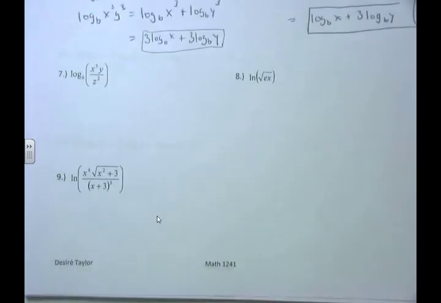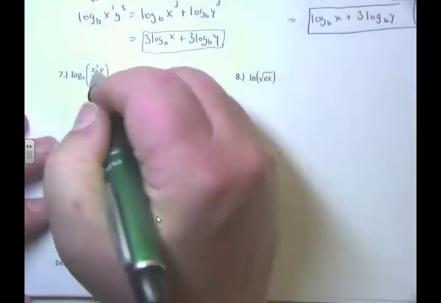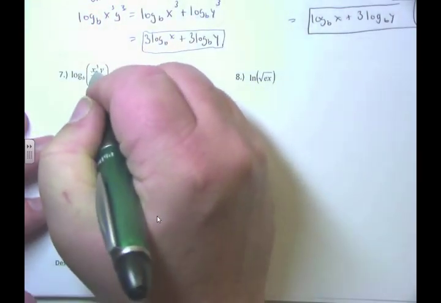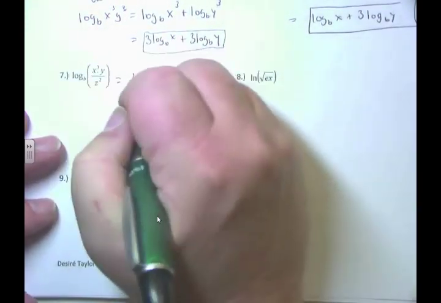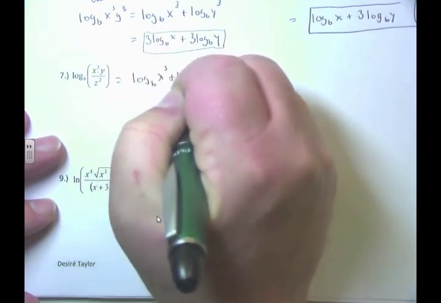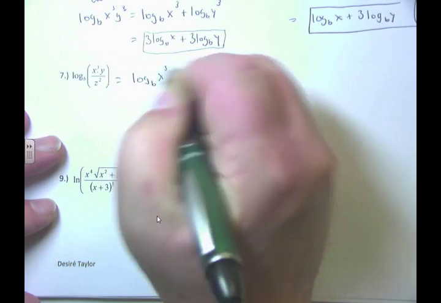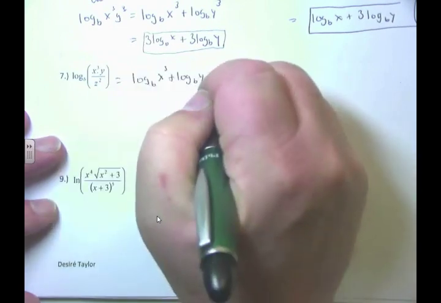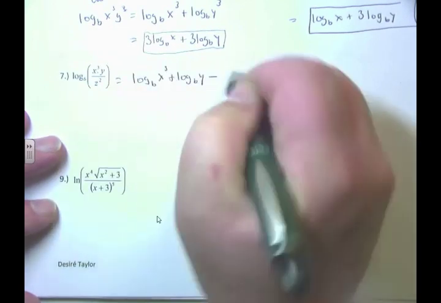See if we can make them a little harder. Try this one. The log base b of x cubed times y divided by z squared. Well, this is multiplication and division. Numerator is multiplication. Multiplication turns into addition. This is the log base b of x cubed plus the log base b of y. But when you divide, division turns into what? Subtraction.